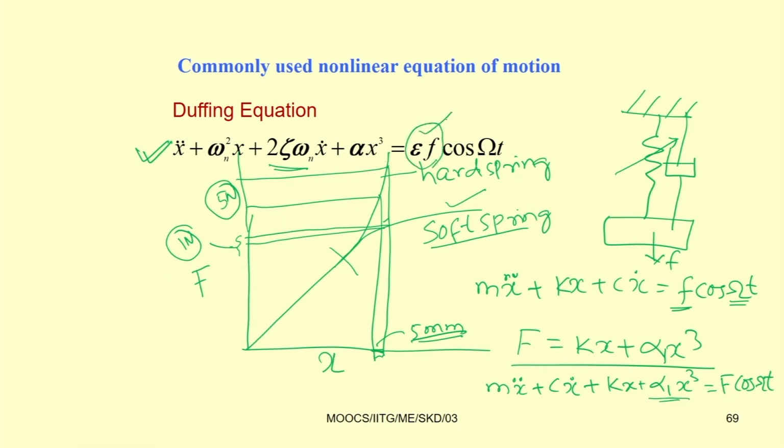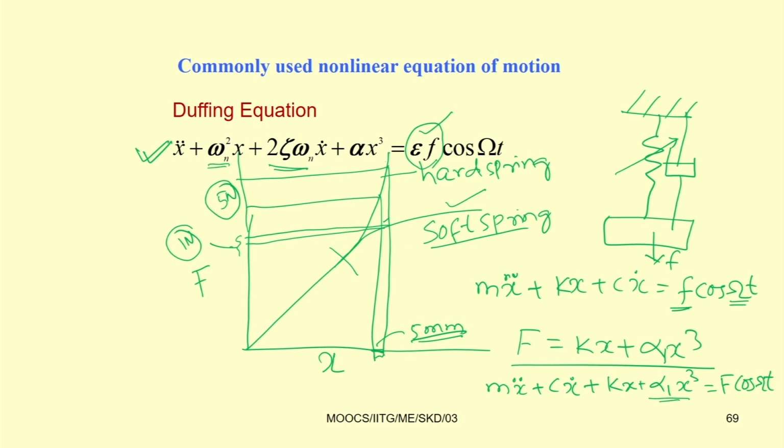So, here it is written using a small bookkeeping parameter, or otherwise simply it can be written as f cos omega t, where later by ordering you can compare the coefficient of this cos omega t, the amplitude of the forcing term, with that of the linear term omega n square and then order it.